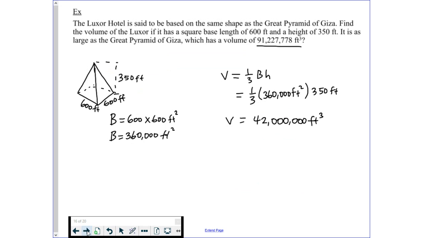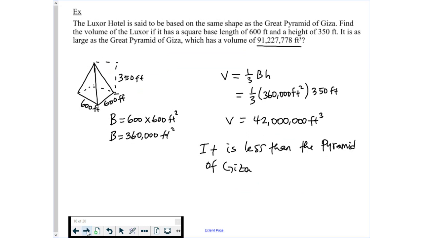So it is even less than half of the original pyramid. They can't build that big a pyramid around an airport. Okay, so it is less than the pyramid of Giza, almost half, less than by half.